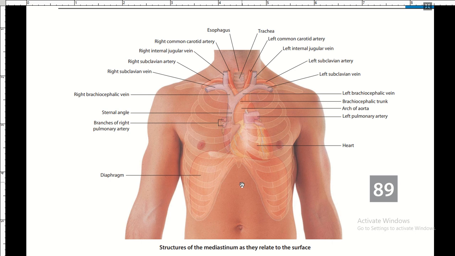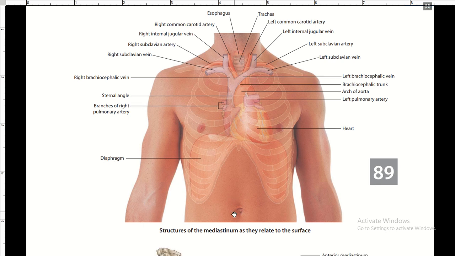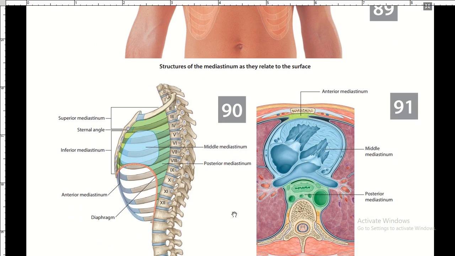The mediastinum is going to be divided into two. That is very important. You're going to have what is called the superior mediastinum. You can see the superior mediastinum, and then you're going to have your inferior mediastinum.